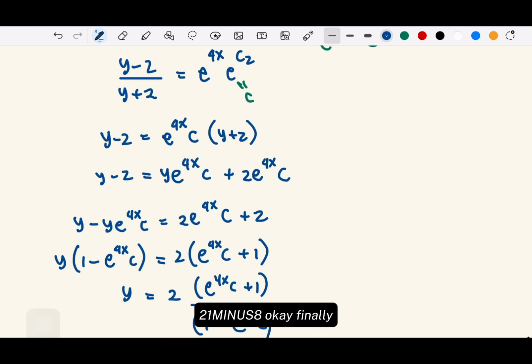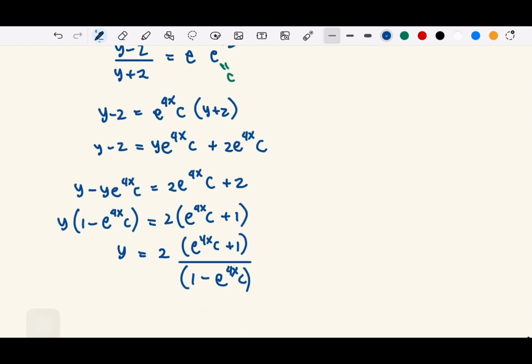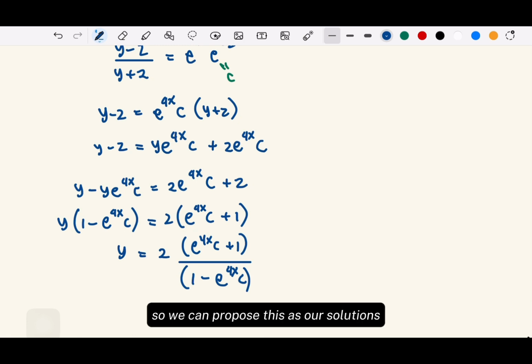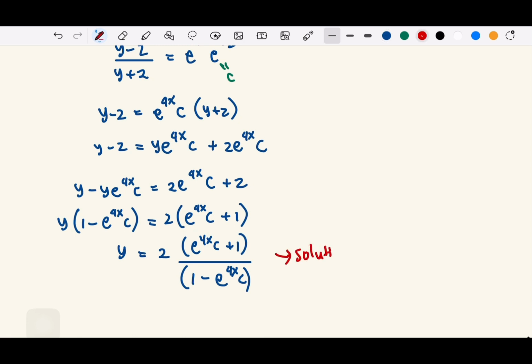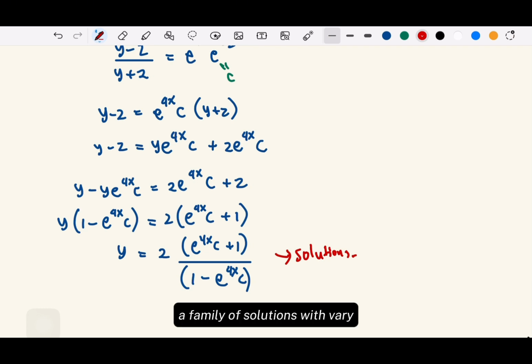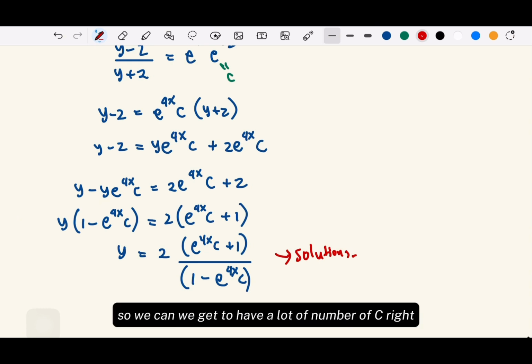Okay, finally, we can propose this as our solution. So we can get this as a family of solutions with a variety of values of c. Okay, so we could have a lot of values of c, right?